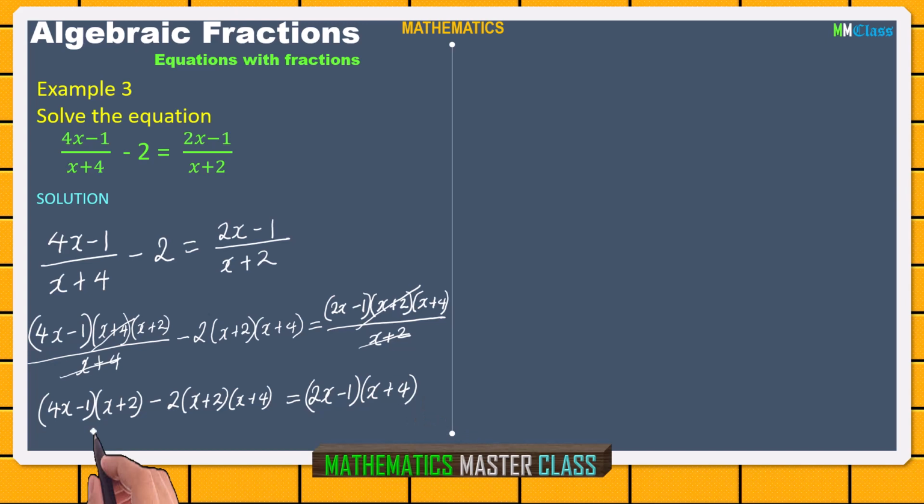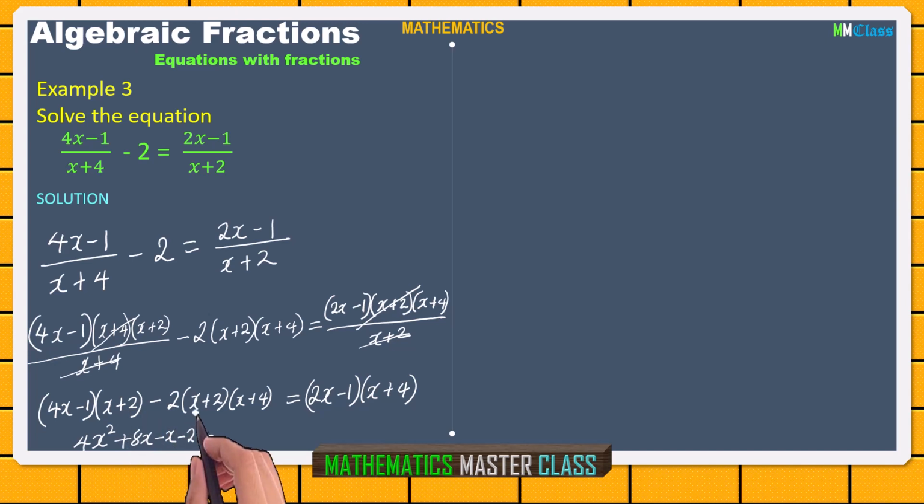So it's time for us to remove the brackets. 4x times x will give us 4x squared. 4x again times plus 2 will give us plus 8x. Minus 1 times x will give us minus x. Minus 1 again times plus 2 will give us minus 2.